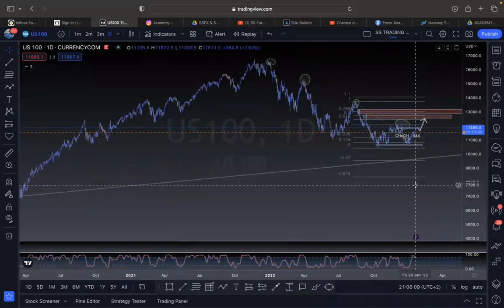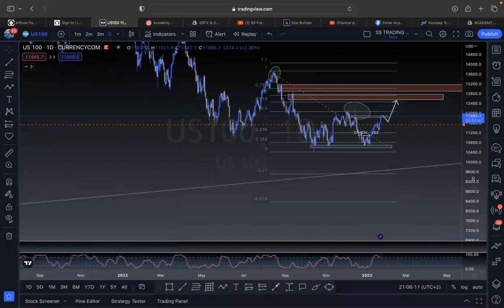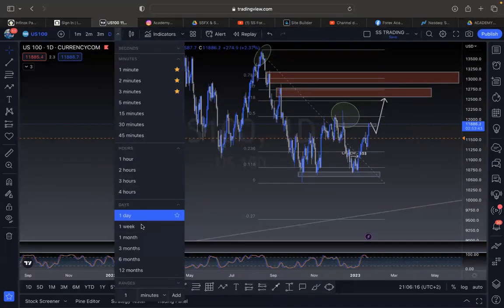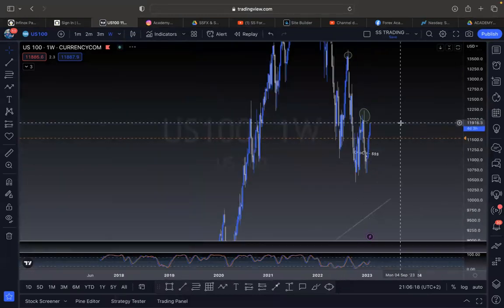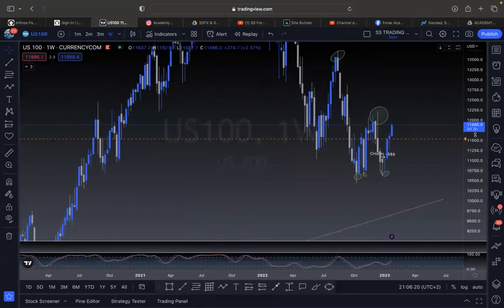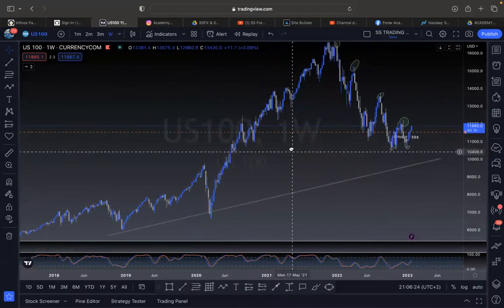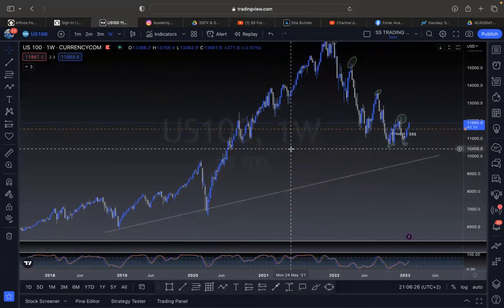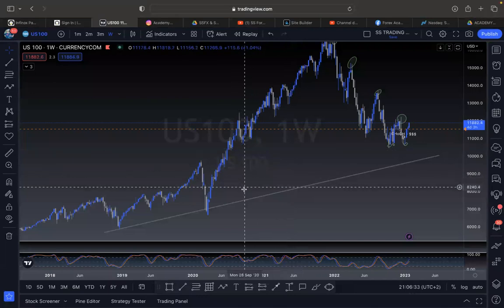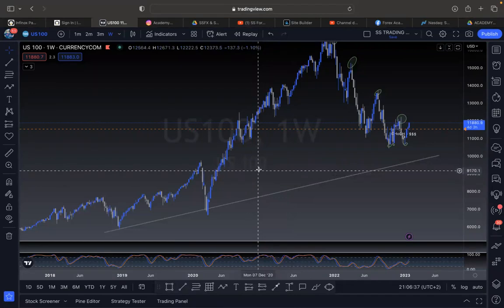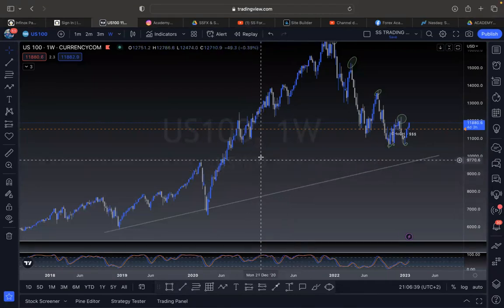If you switch to the weekly chart, I noticed something on the weekly chart as well. Just below those wicks, there's an IFC, a weekly IFC, just above.